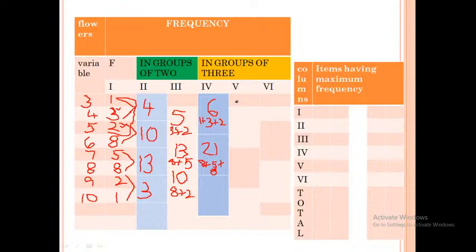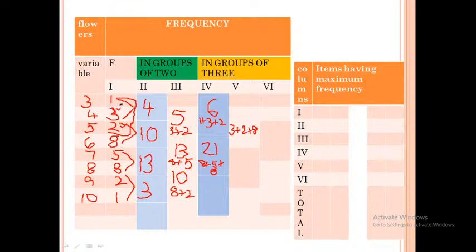Now, in the fifth column, again it is a group of 3 itself. But ignoring the first column, you have to group. So if we ignore the first column, the frequencies which we have to add are 3 plus 2 plus 8.